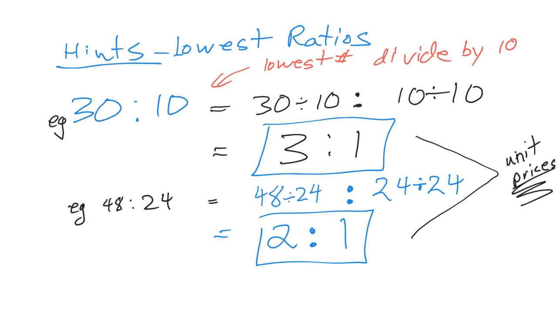So if I was looking at these two ratios, or I was looking at, say, the win percentages of different teams, I could say that the top ratio, 30 to 10, is making more than the bottom ratio that gives us a ratio of 2 to 1.